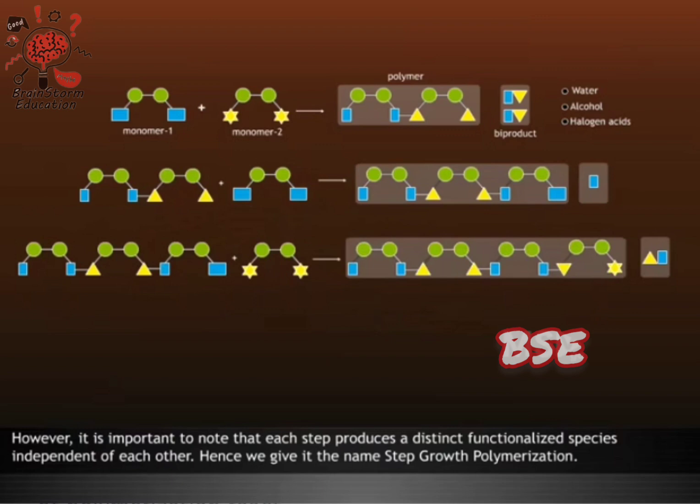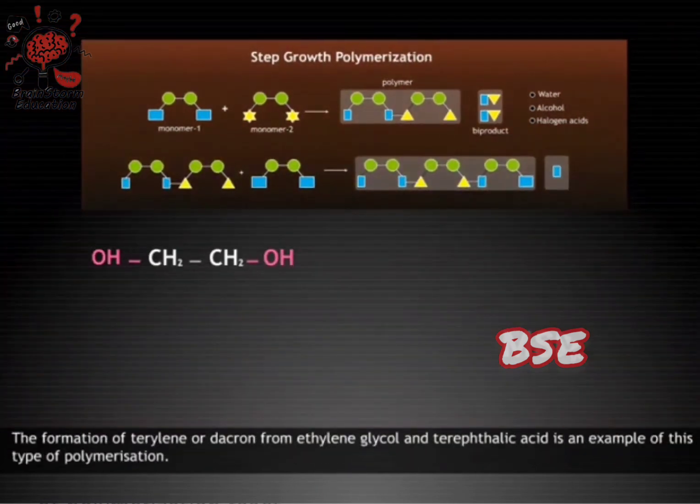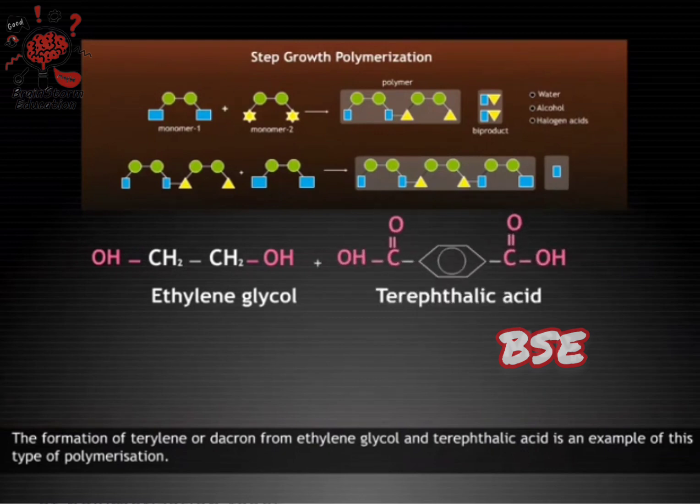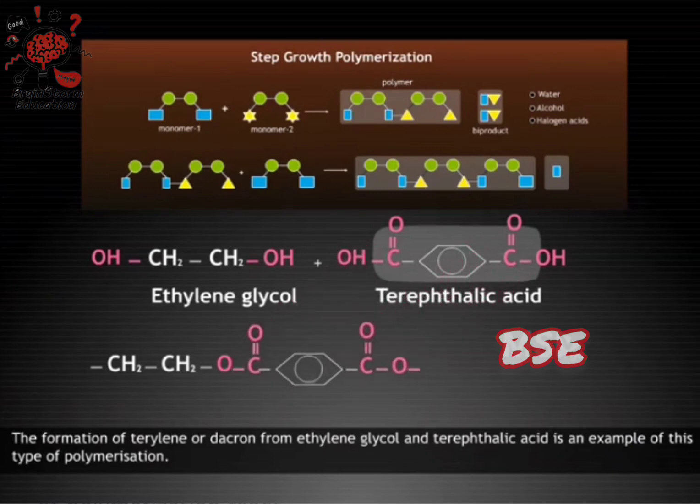Hence, we give it the name step growth polymerization. The formation of terylene or dacron from ethylene glycol and terephthalic acid is an example of this type of polymerization.